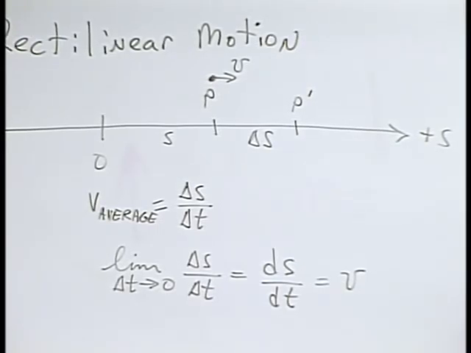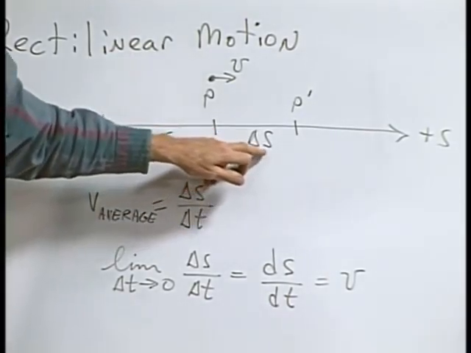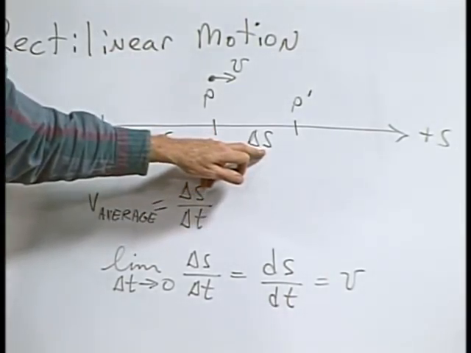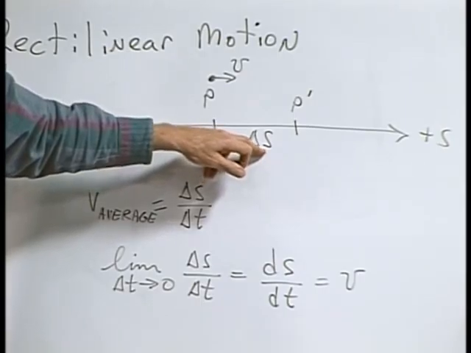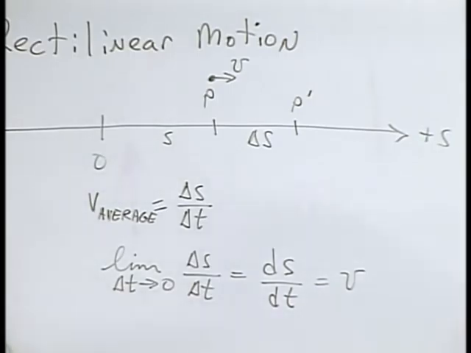Now we know that if an object has a certain speed at a certain location and it goes through some displacement from that location, its speed could change, couldn't it? But for that speed to change, what would have to occur?